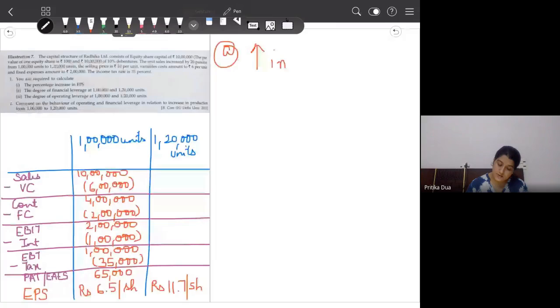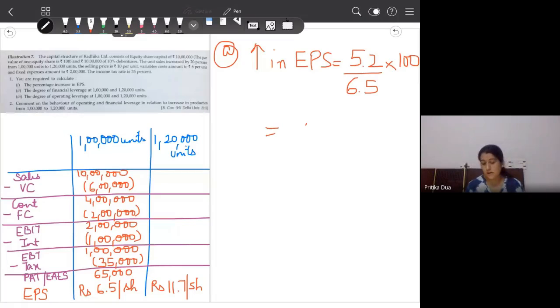Percentage increase in EPS will be the change, which is 5.2 upon 6.5 into 100. 5.2 divided by 6.5. This is giving you an 80% increase in EPS with a 20% change in sales volume.